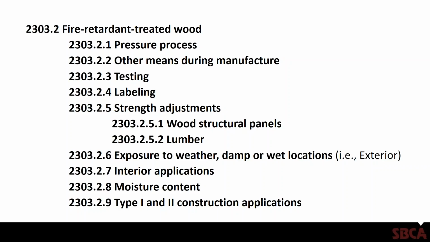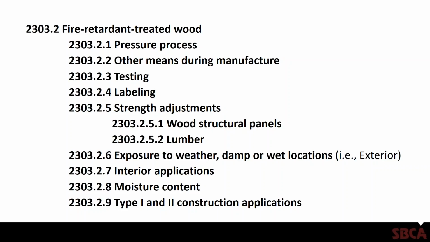Section 2303.2.4 discusses the labeling requirements that each piece of wood has to have on it, so that those using it can understand what the treatment is and how the product is to be used. 2.5 talks about the strength adjustments.